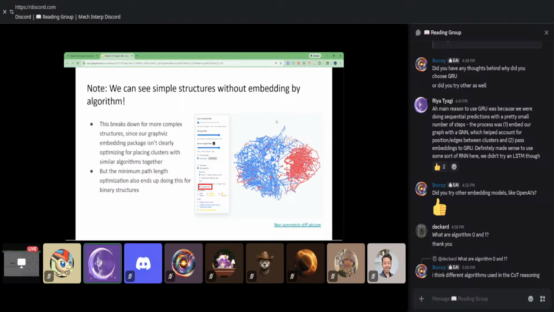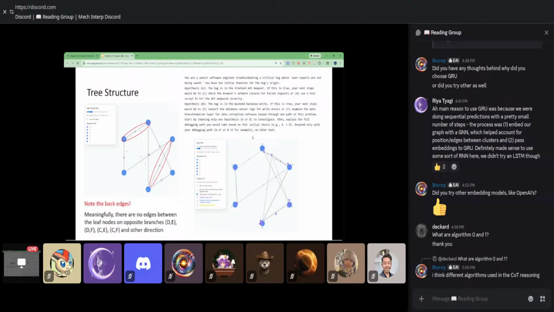The intuition here is that there's some minimum path length optimization that our embedding package uses. And since there are not that many edges between rollouts that use different algorithms, we see them clustered pretty far apart. And so thus we can maybe find a separation, but it's still pretty messy.